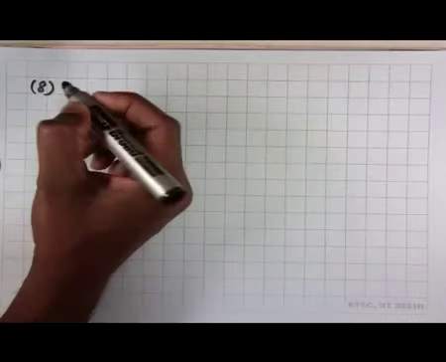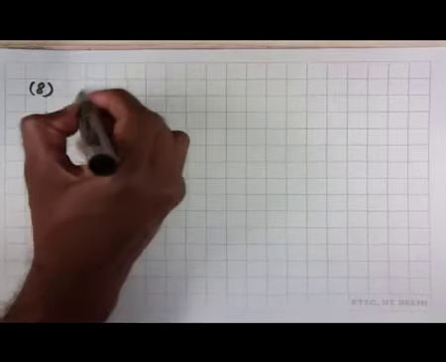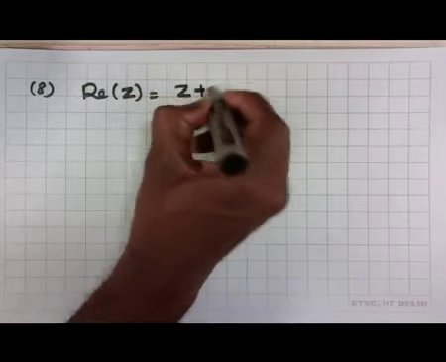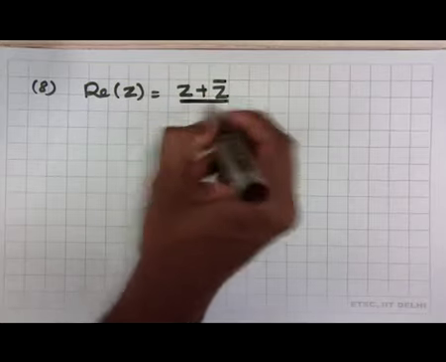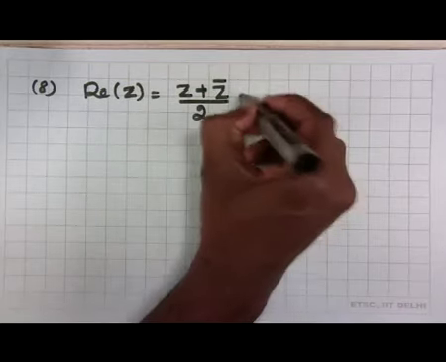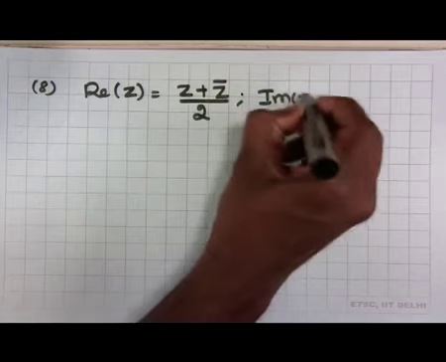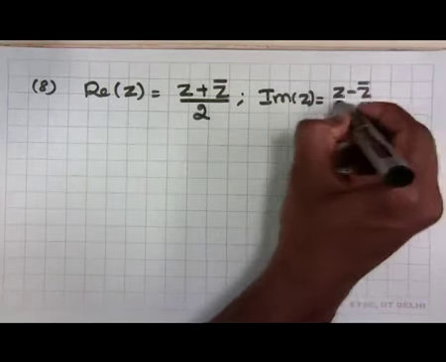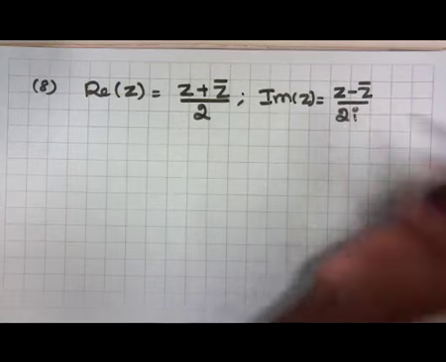Proposition 8. This is a simple one: the real part of z can be written as z plus z bar by 2. Similarly, the imaginary part of z can be written as z minus z bar by 2i.